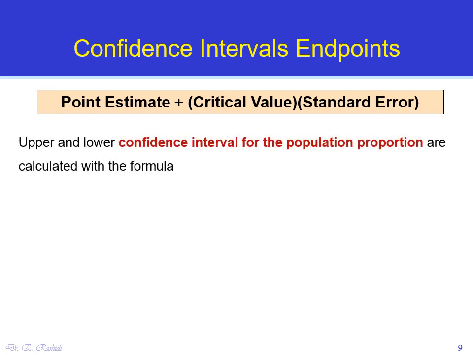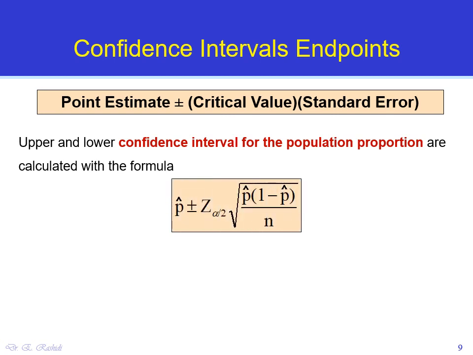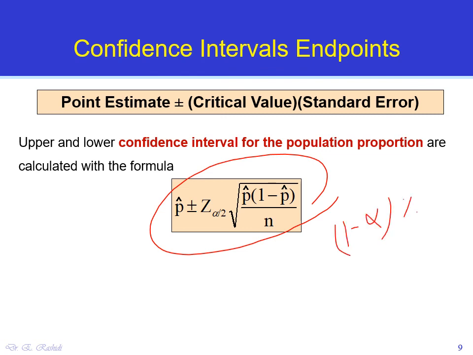Upper and lower confidence interval for the population proportion are calculated with the following formula. P hat plus minus Z of alpha over 2 multiplied by the square root of p hat 1 minus p hat over n. So this is a 1 minus alpha percent confidence interval CI for P, the population proportion.